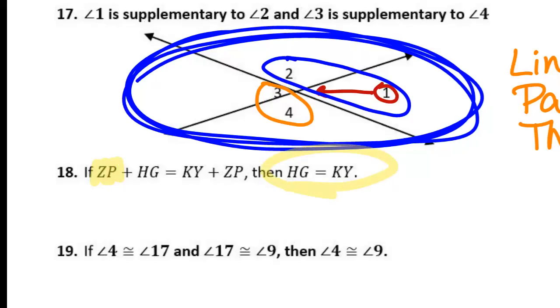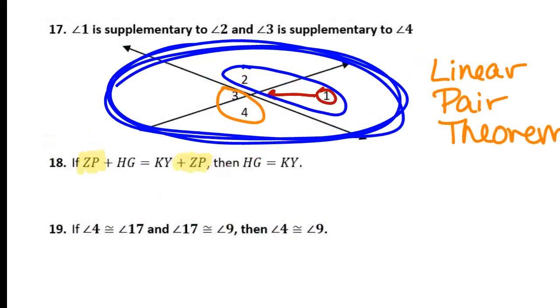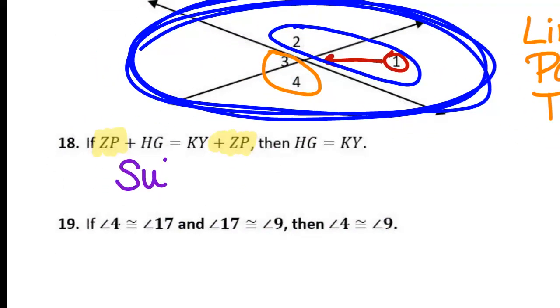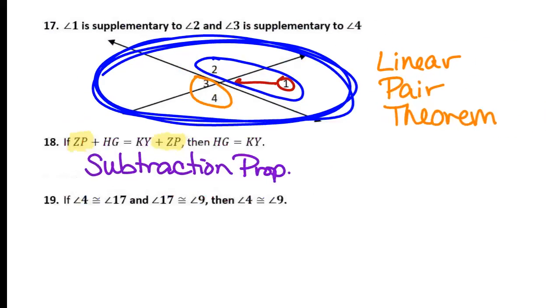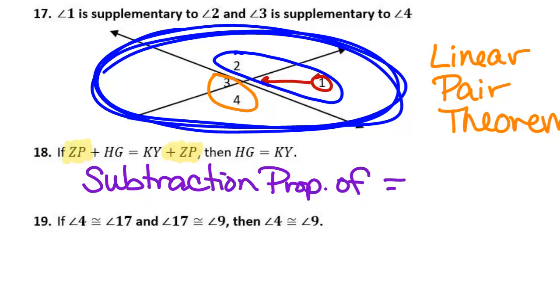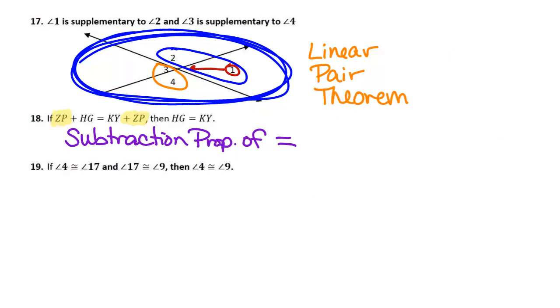Do we have a ZP over here? Not on either side, do we? This had ZP on both ends. Yes. To get from here over to here, what did they have to do to get rid of ZP? Subtraction, yes. This is the subtraction property of equality.